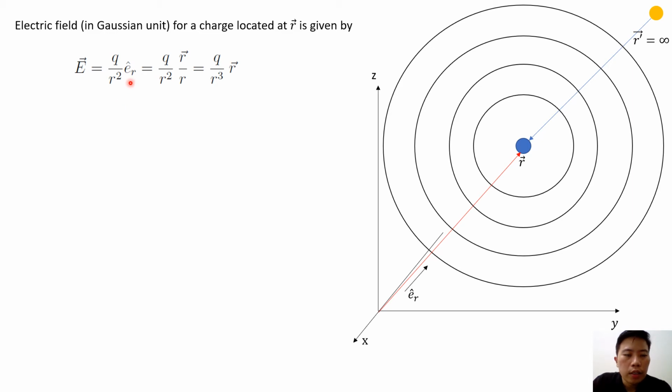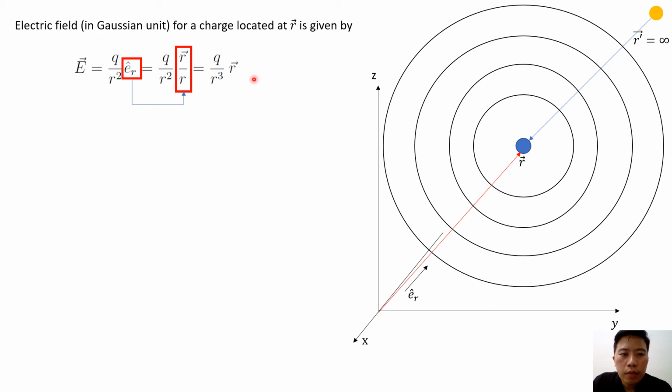And e_r is a unit vector in the r direction, which is written like this one, that is r with the arrow to signify that this is a vector, whereas the r at the denominator is going to be a magnitude, right? So when you replace them like this, you will have this equation: q over r to the power of 3 times the vector r.